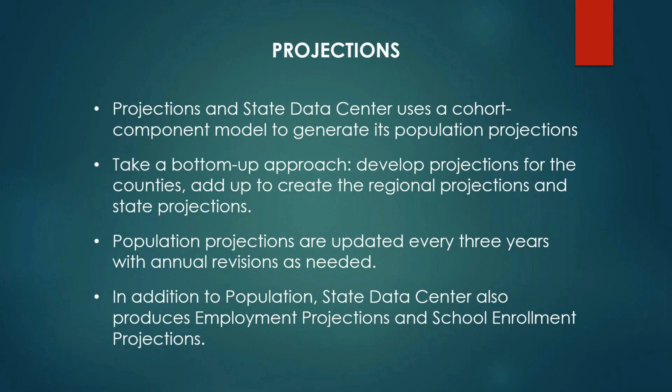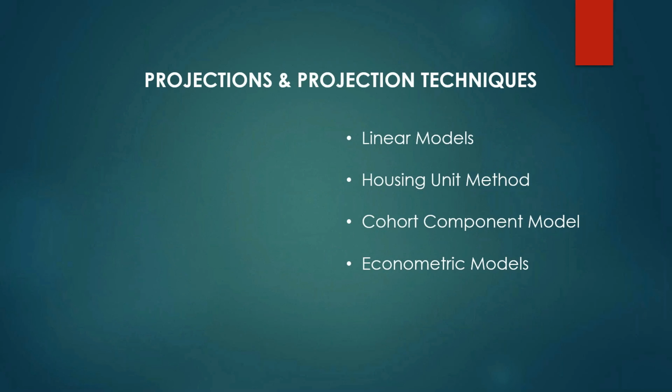Next slide, please. Now, there are different types of projection techniques and projection models, and as I mentioned, we use what is called a cohort component model. And as I said before, the cohort component model is driven by births, deaths, and migration, and we convert those into rates. Linear models are probably the most basic type of projection.